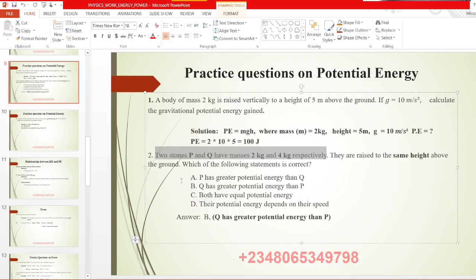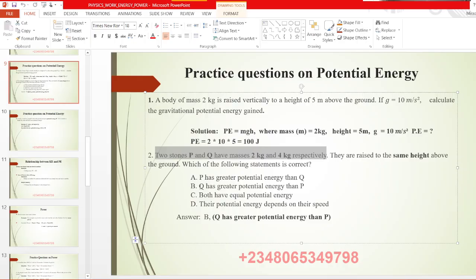So for gravitational potential energy, what you must consider is height. And since they have the same height, we want to find out which of the statements is correct. P has more potential energy than Q. No, the mass is smaller. It cannot.